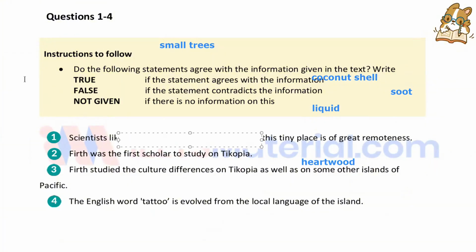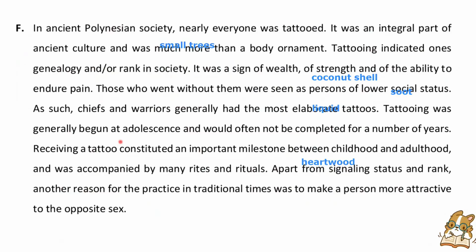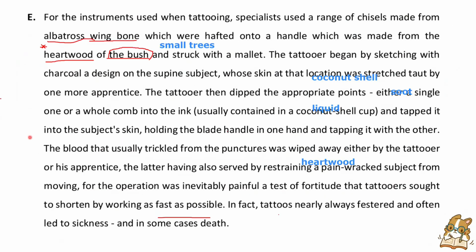Okay, so hold on. Right now, we found in this paragraph E the small trees. Now, we have to look for a word synonymous to seabird or the seabird itself. Okay, so you are with me and we are going to look for the word seabird.